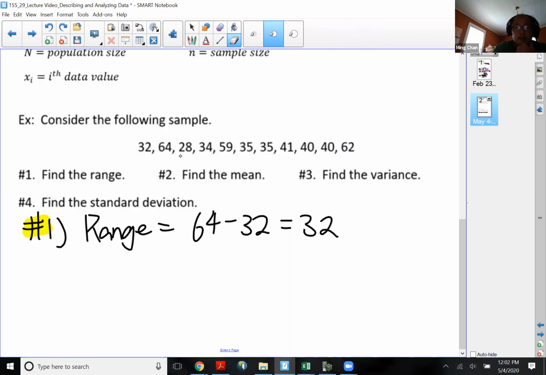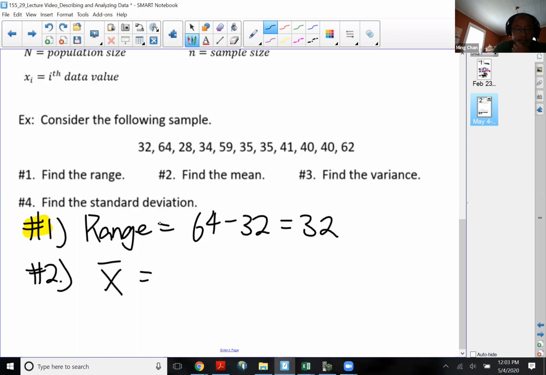Okay, find the mean. I'm going to find the mean by simply adding them all up.